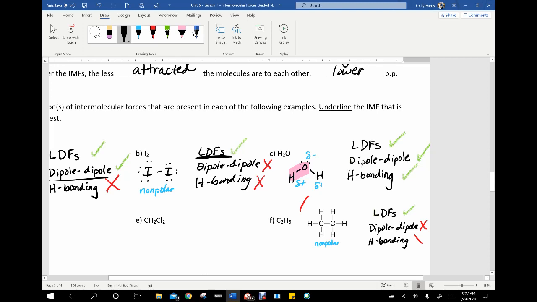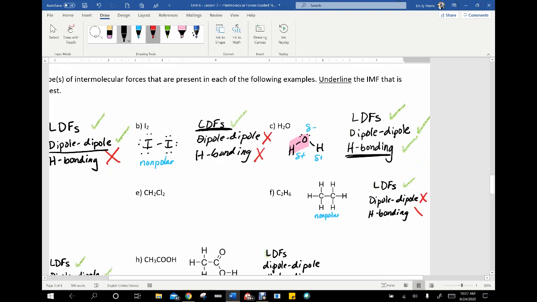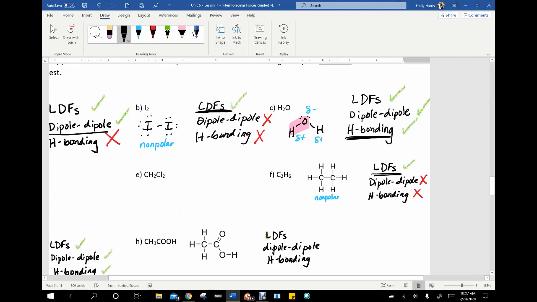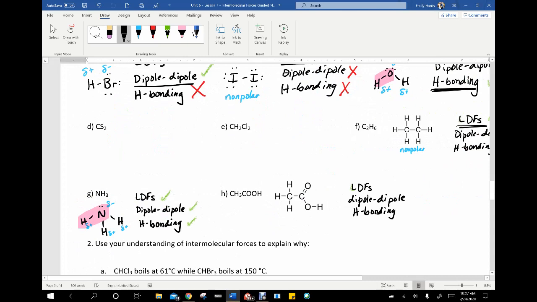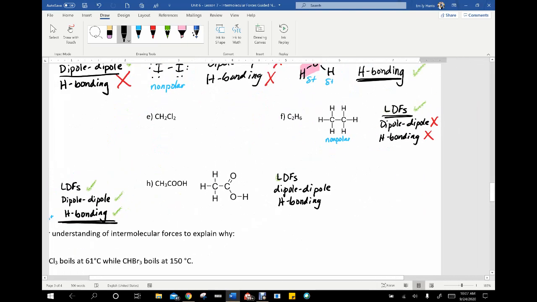So that's its only and strongest force. For H2O, its strongest force is hydrogen bonding. For our C2H6, the only and strongest force was LDFs. And then for our last one, because it had all three forces, hydrogen bonding will be the strongest.